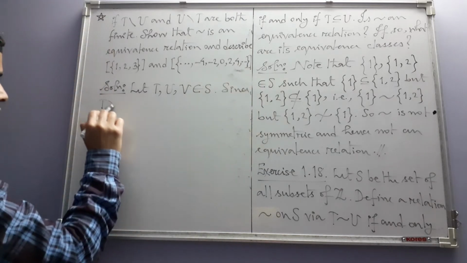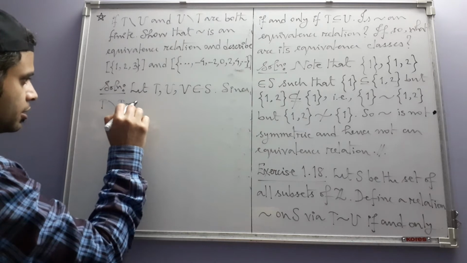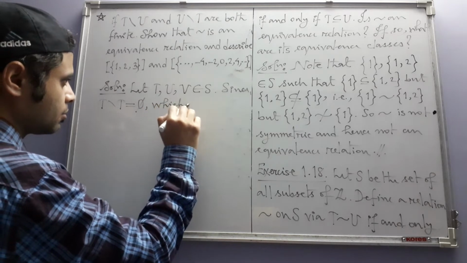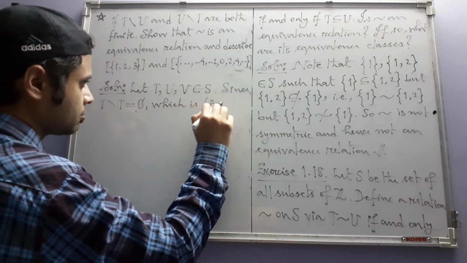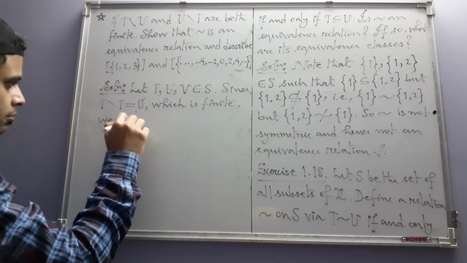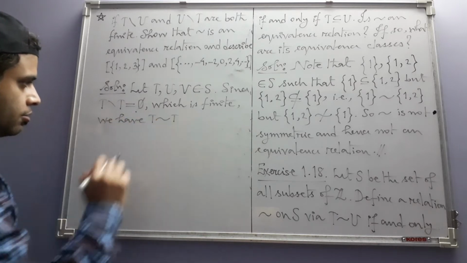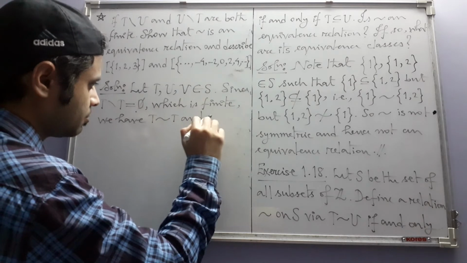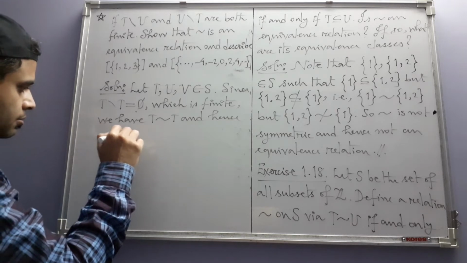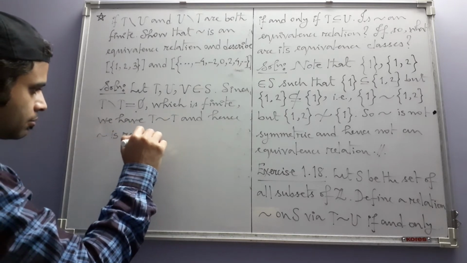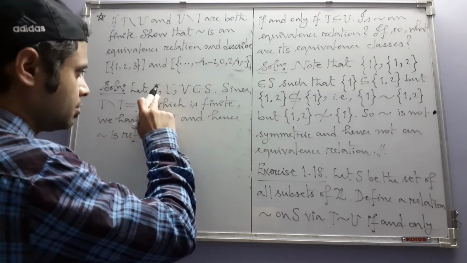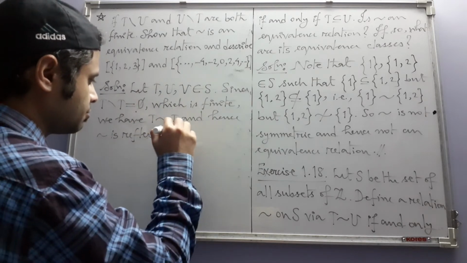Since T difference T is the empty set, which is finite, we have T related to itself, and hence the relation is reflexive. Every set T is related to itself.